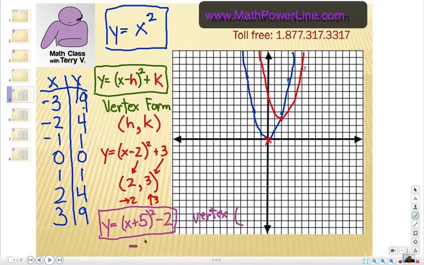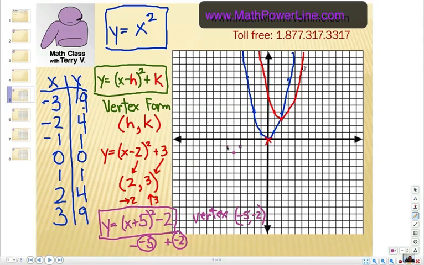We are subtracting a negative 5. And we are adding a negative 2. All right, so you really have to be careful about the signs. That means that our vertex must actually end up at -5, -2. So we plot that point, go back 5, and down 2, and the parabola now has shifted over here.